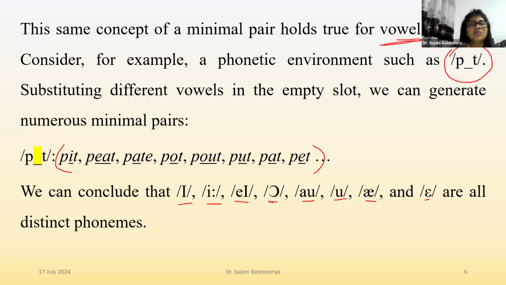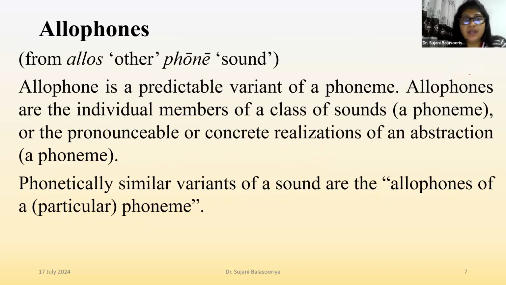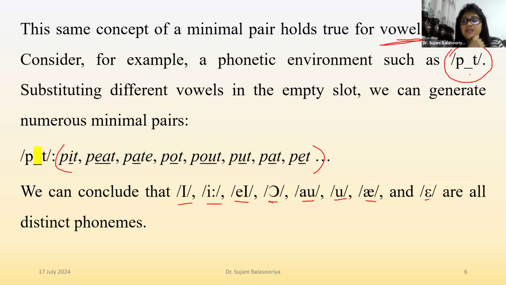There are so many words, not a pair, more than a pair. I hope this is clear to you. If anything is not clear, please let me know. I can repeat. So that's about the minimal pair discussion.